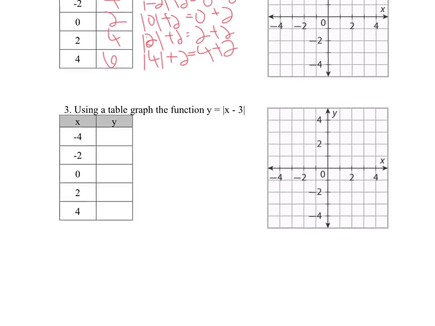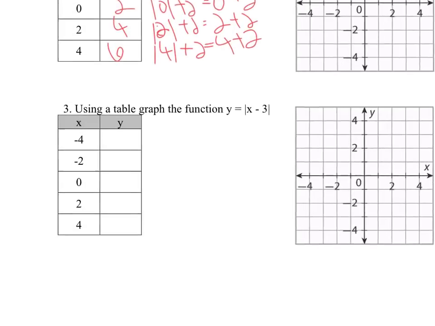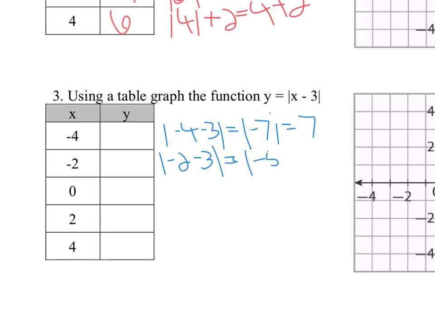All right, number 3, same deal, but now we are going to be subtracting inside this. So we get negative 4 minus 3, which becomes the absolute value of negative 7, which becomes positive 7. Negative 2 minus 3 becomes the absolute value of negative 5, which is then positive 5.